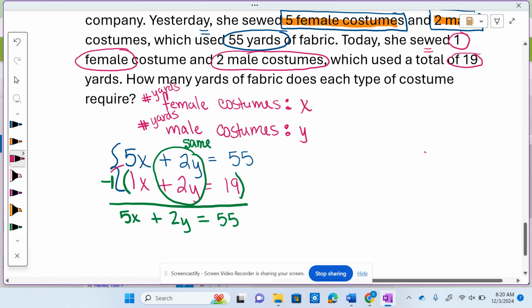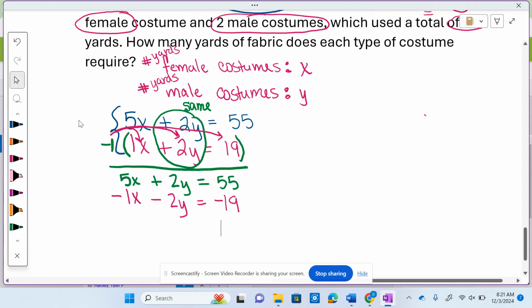So that means I have -1 times 1x, which gives me -1x. I have -1 times 2y, which gives me -2y. And I have -1 times 19, which gives me -19.